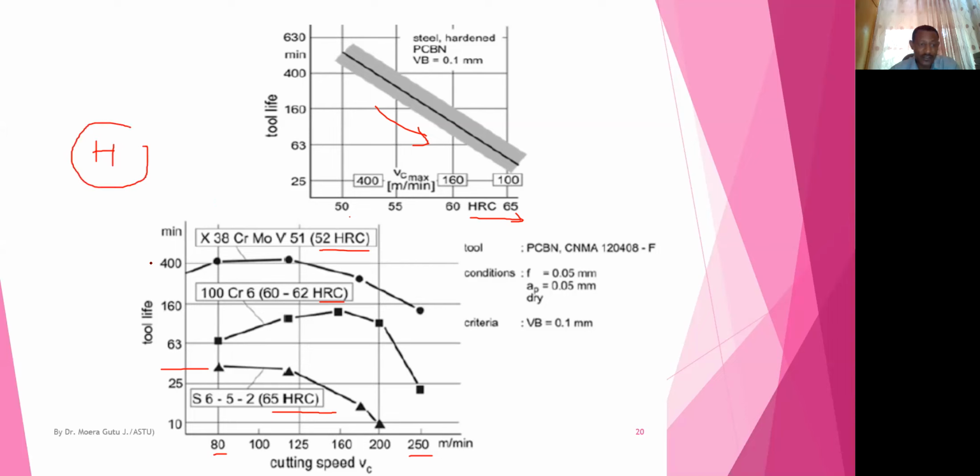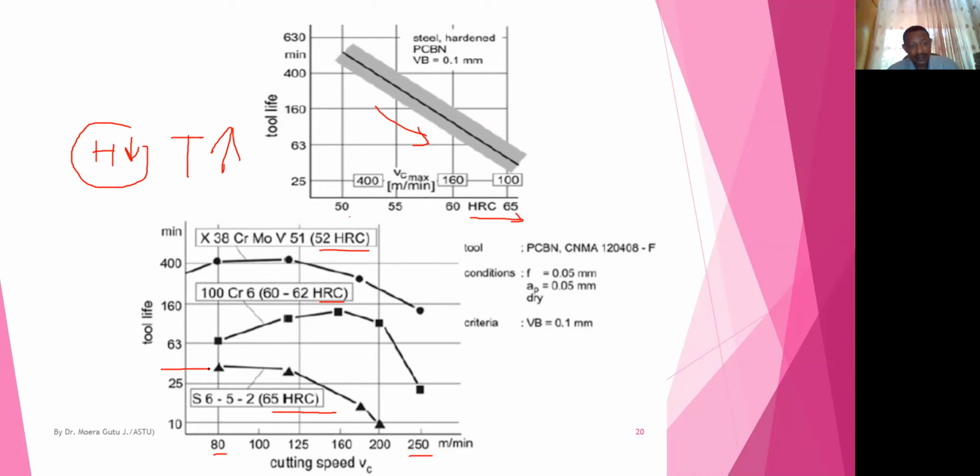So the tool life is high when H, the hardness of the work material, is low. Tool life is increasing.